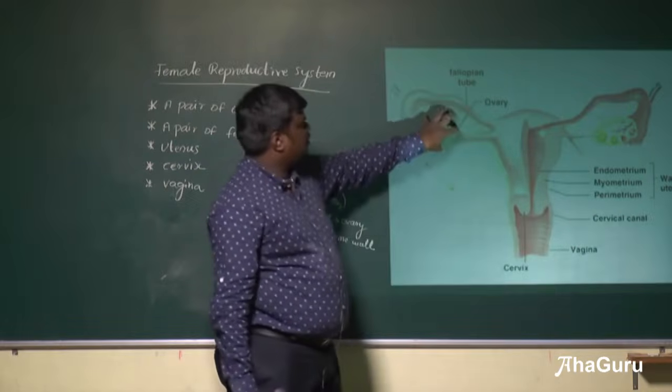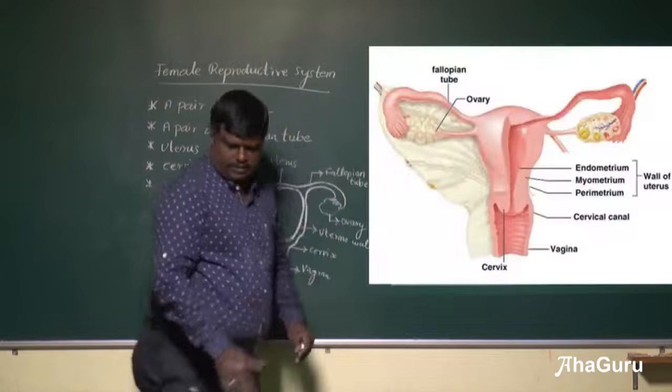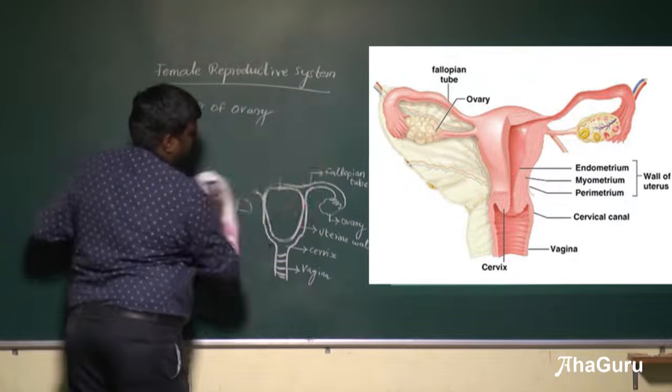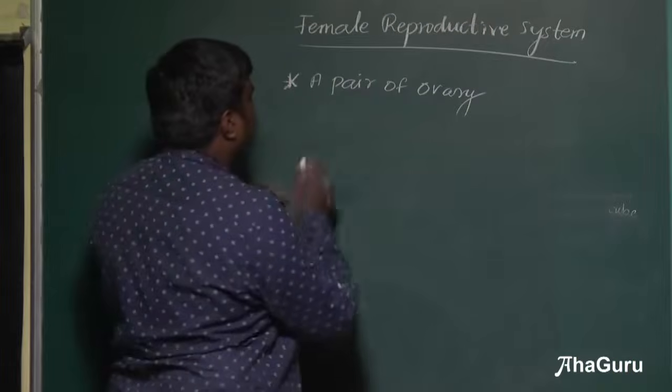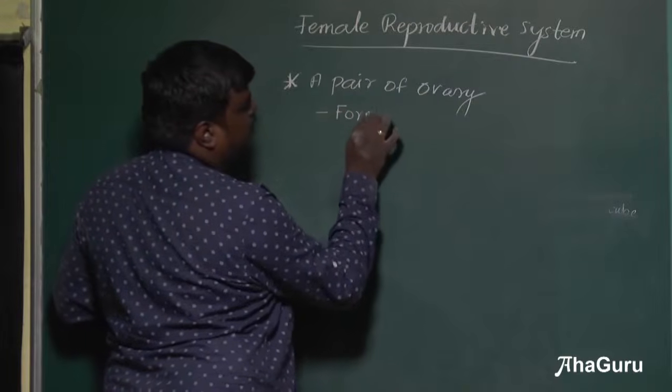So, first let me explain about the functions of ovary. As we have mentioned earlier, a pair of ovary is there. So, what is the function of this ovary? Ovary helps in the formation of ovum.